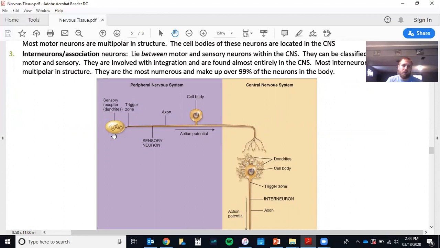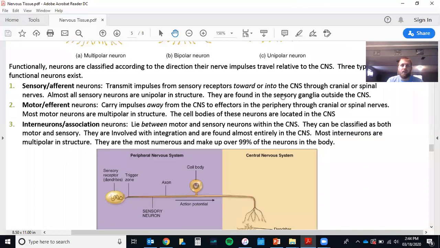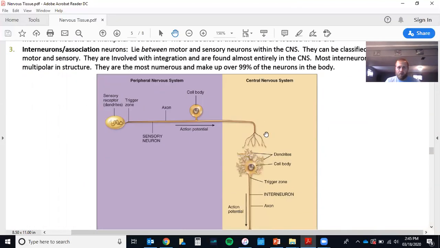And in this case, maybe that signal is carrying information for the sense of touch or pressure or itch or tickle, whatever. But that signal is going to come into the central nervous system. And we find these in what we call the sensory ganglia outside our central nervous system.